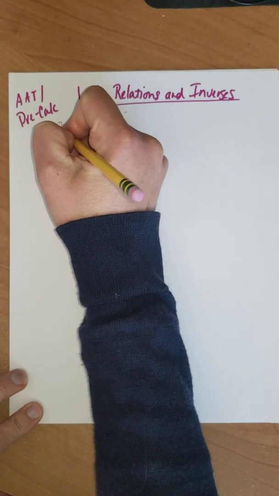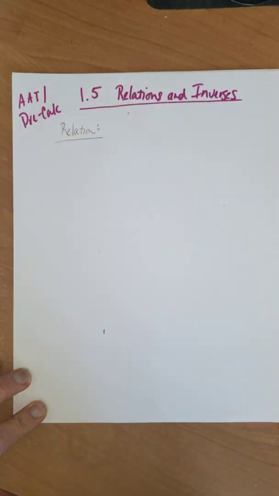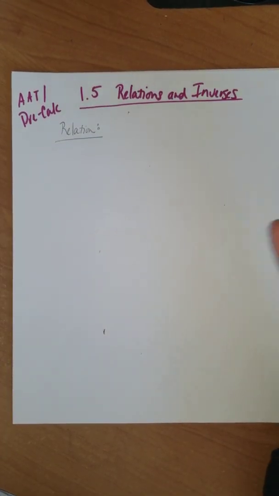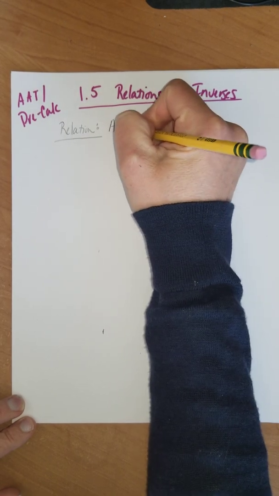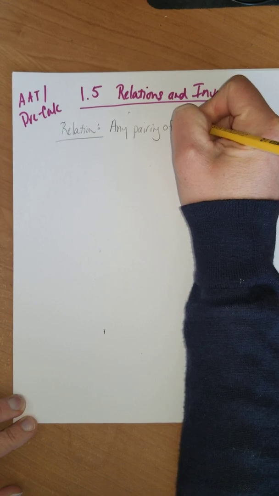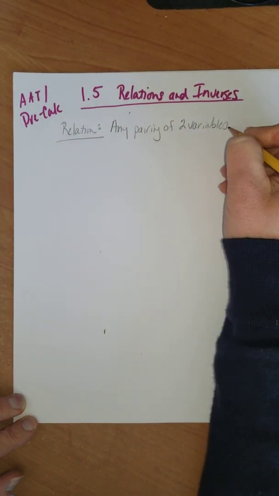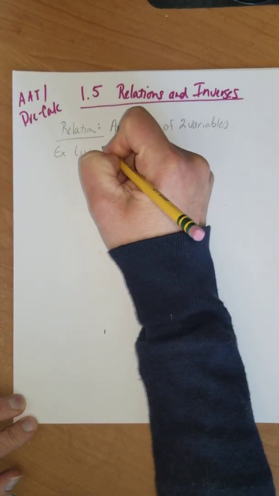Now, first, what a relation is. A relation is any pairing of two variables. That pairing could be a list of points.